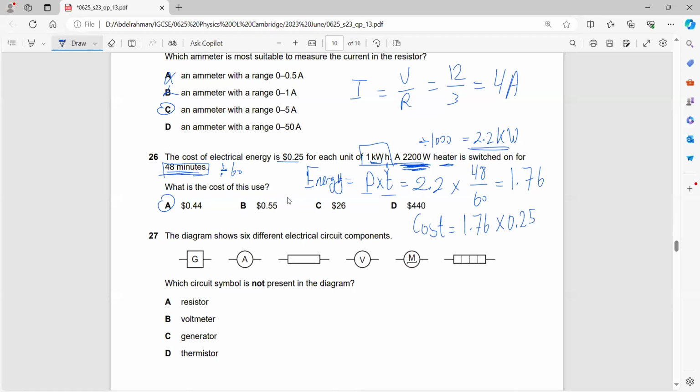Then the energy is power times time, 2.2 times 0.8, which is 1.76 kilowatt hours. You multiply it by the unit cost, and this would be 0.44.